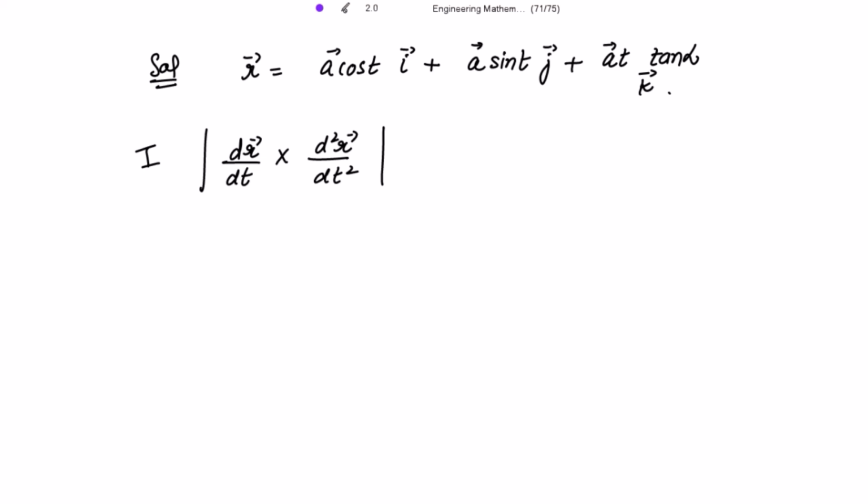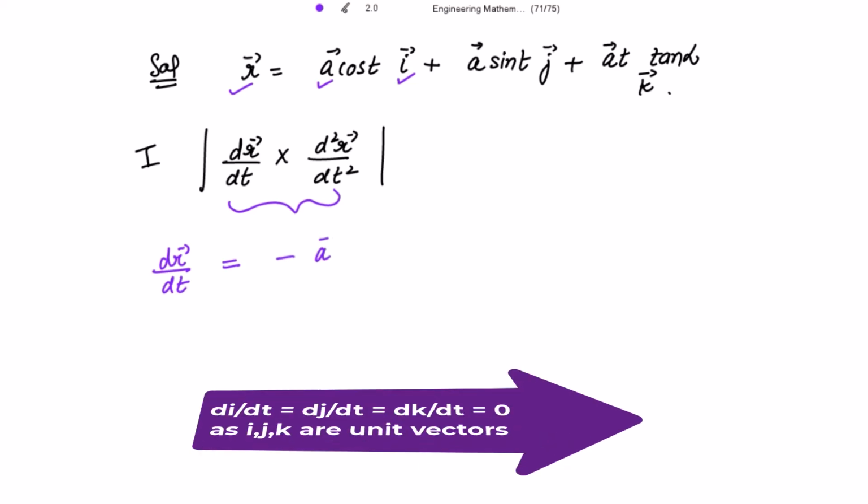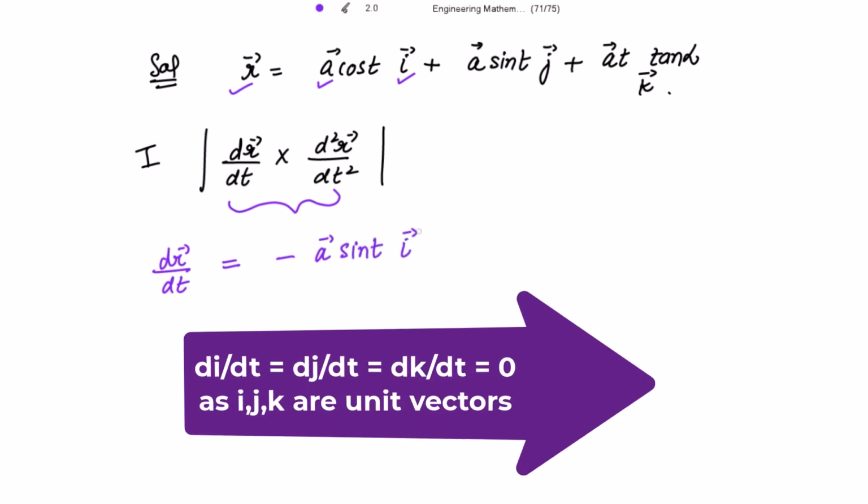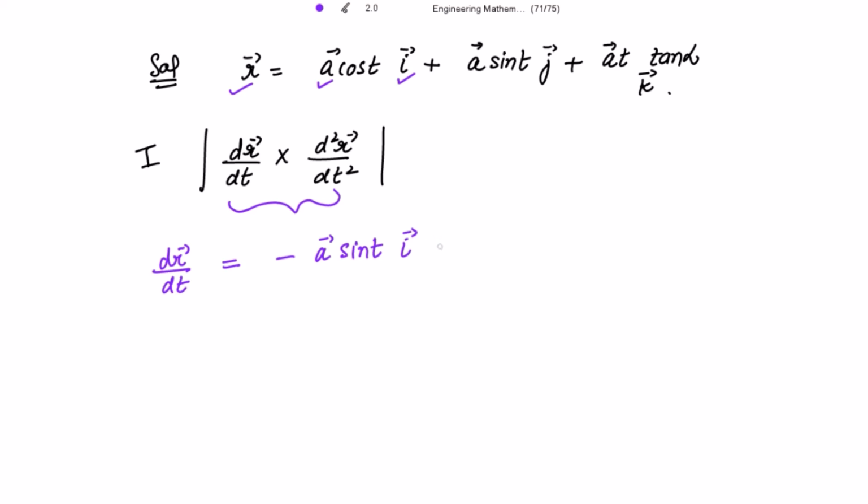We have the r vector equal to this, and we need to find the absolute value of these two vectors. Let's find the first derivative of r with respect to the scalar variable t. Okay, let's differentiate this with respect to t. A vector is a constant vector and the derivative of the unit vector is 0. So we have its derivative to be negative a vector sine t i vector, right?